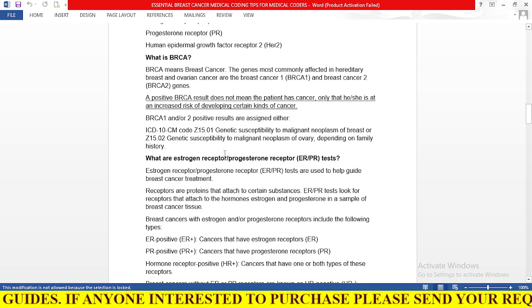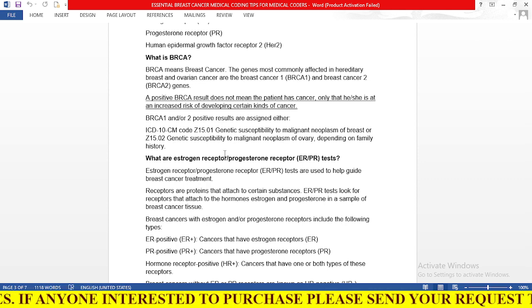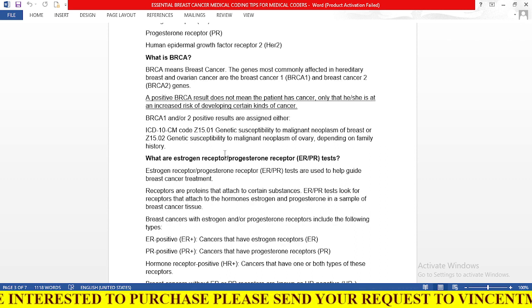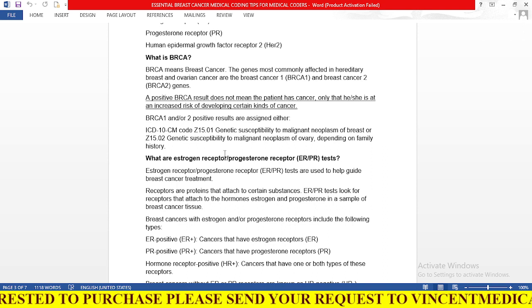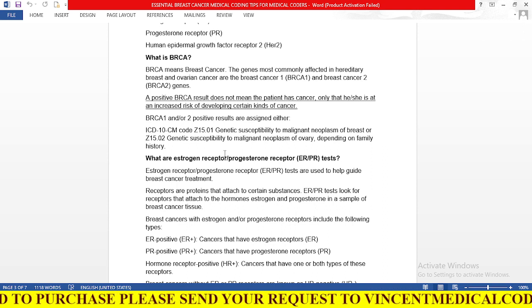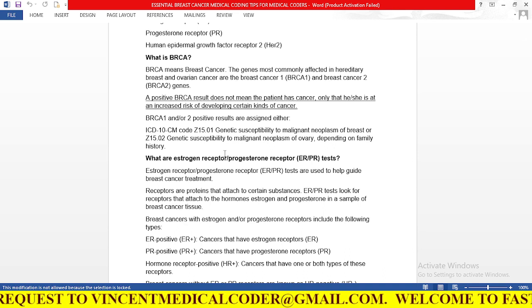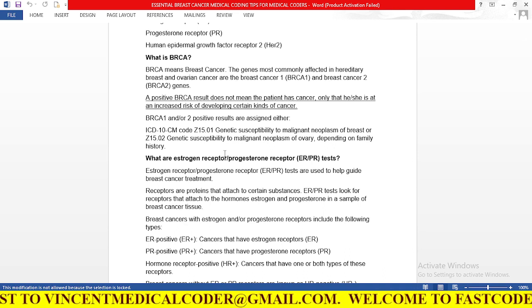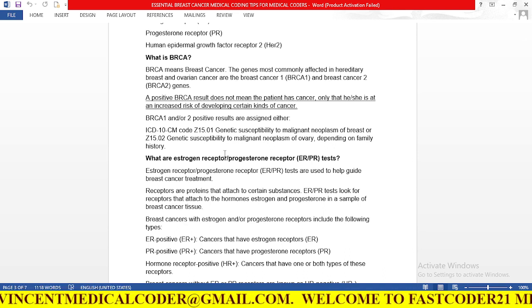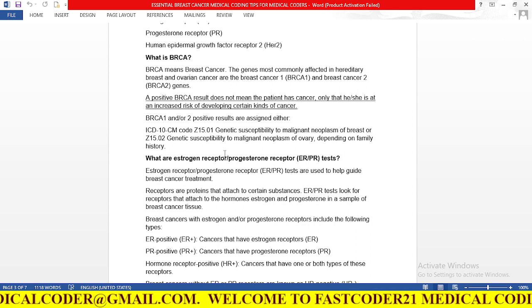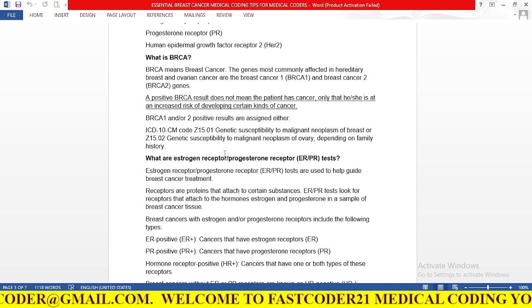Usually BRCA means breast cancer. The genes most commonly affected in hereditary breast and ovarian cancer are breast cancer 1 and breast cancer 2. These are the genes. A positive BRCA result does not mean that the patient has cancer, only that he or she is at increased risk of developing certain kinds of cancer.